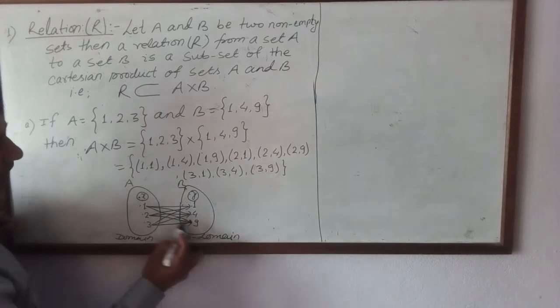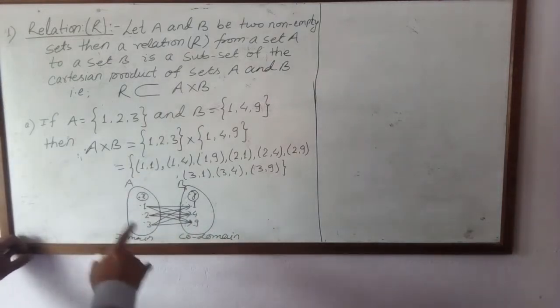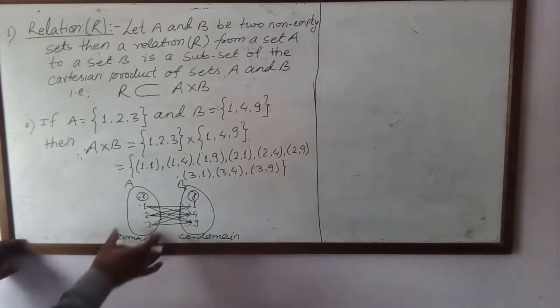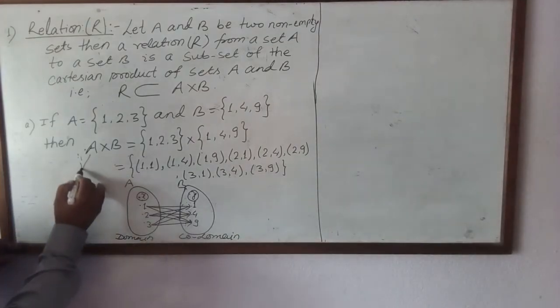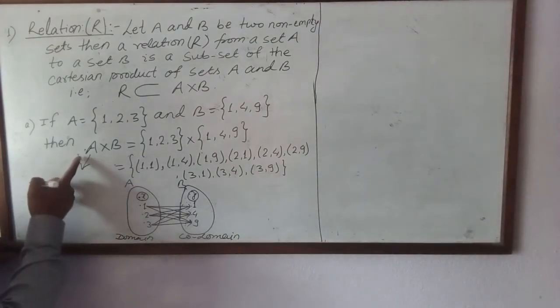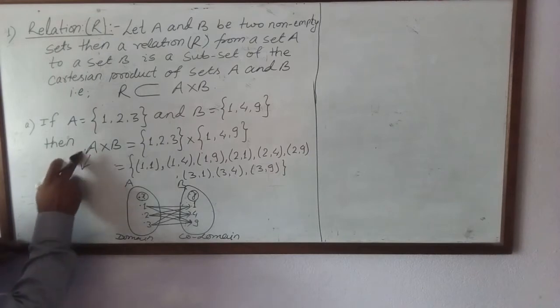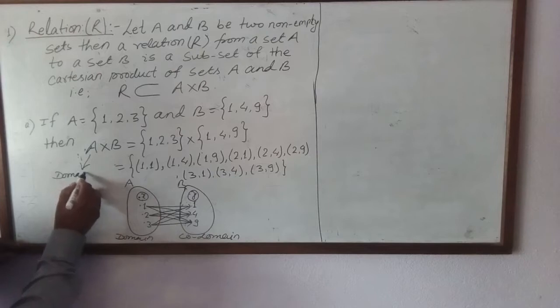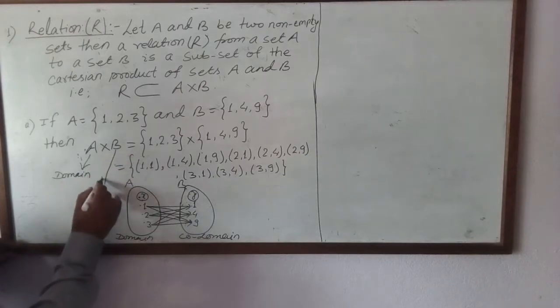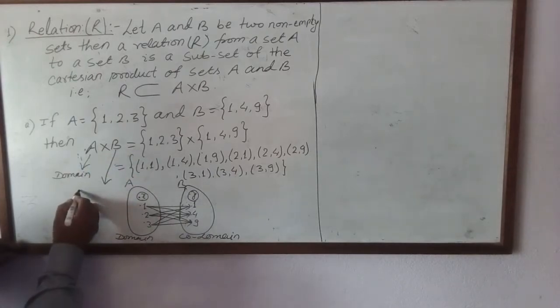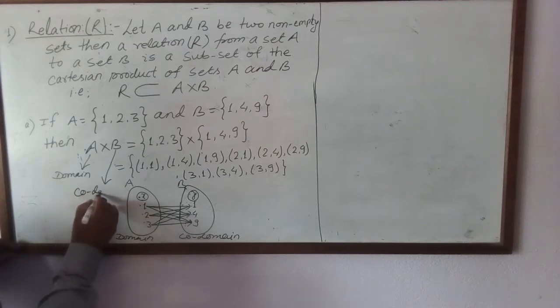In this way also we can show A cross B. The first set, the one written first, is called the domain, and set B is known as the codomain.